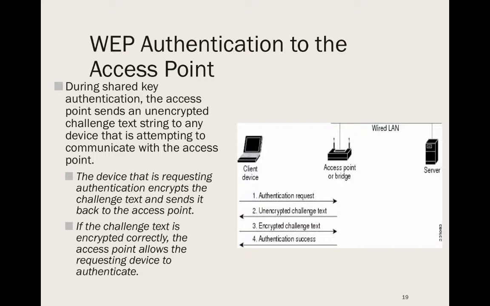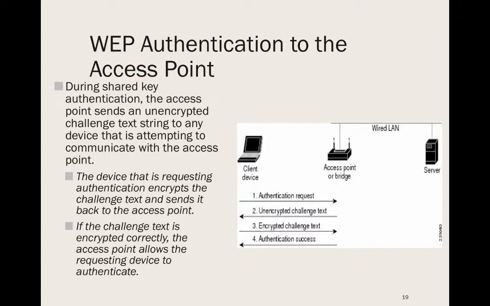The authentication method works this way: during the shared key authentication, the access point sends an unencrypted text, called challenge text, to the device that is attempting to communicate with the access point. So when the device requests authentication, the access point challenges it by sending an unencrypted text and requires it to encrypt it and send it back.